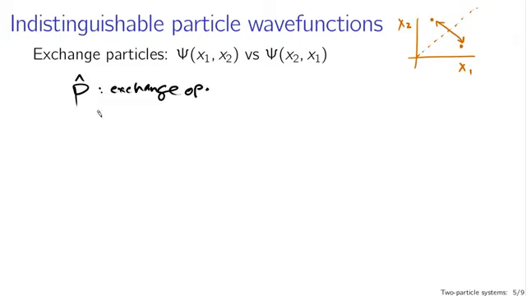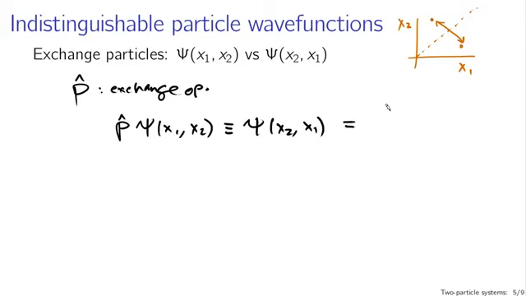Now don't worry, we're not going to be working with p hat as a mathematical operator, but it's a useful notation to use. What we need in order for the wave function essentially to not change the observables is for p hat acting on psi of x1, x2, which is more or less defined to be psi of x2, x1, to be equal to plus or minus psi of x1, x2.